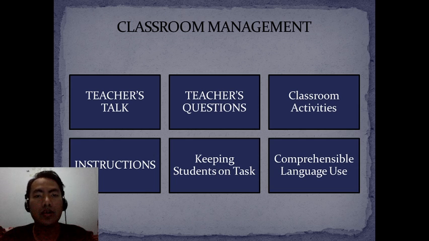As I repeatedly mentioned, by giving clear instructions, the teacher can decide what kinds of activities can be done in the classroom, and the teacher can also control the flow of the learning process.